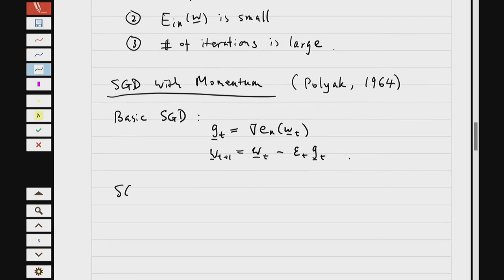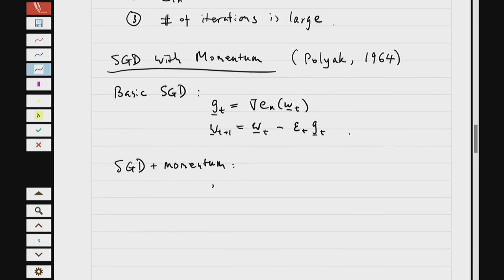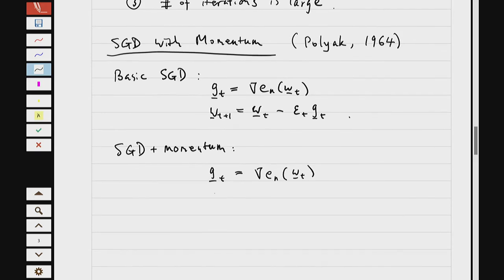So SGD plus momentum, that's exactly the idea, taking a little bit from physics. So again, you have the gradient, g_t. Now you define this new vector called v_t, which is epsilon_t times g_t, what you would have used as the update.